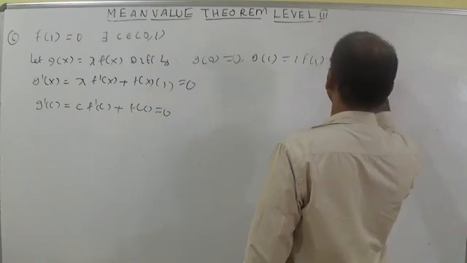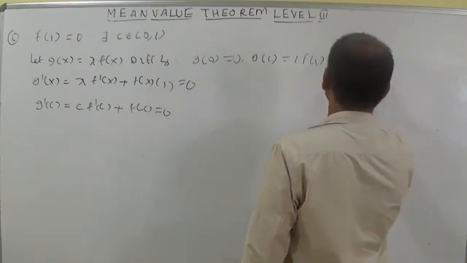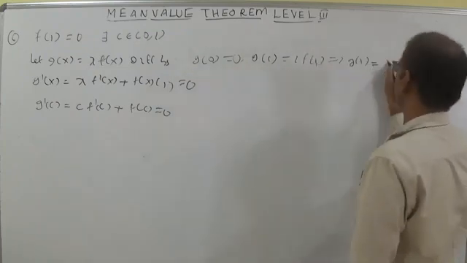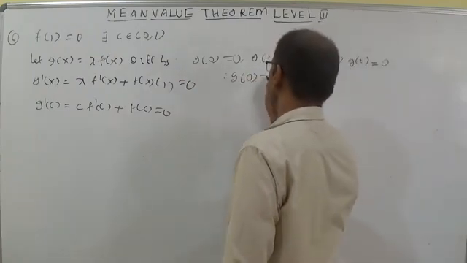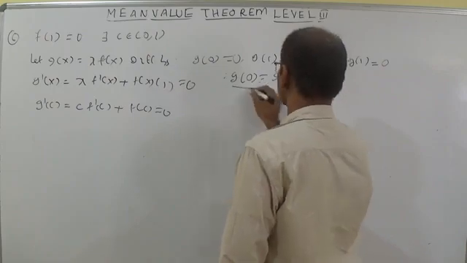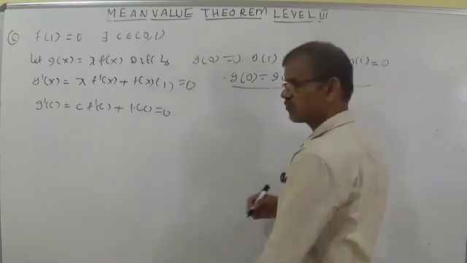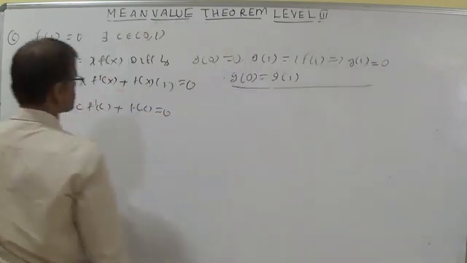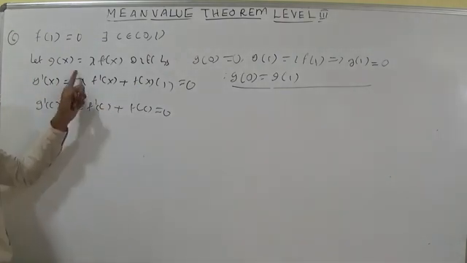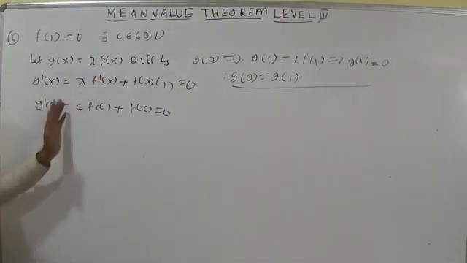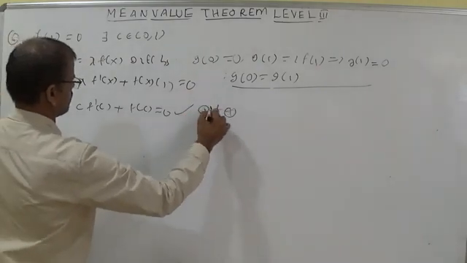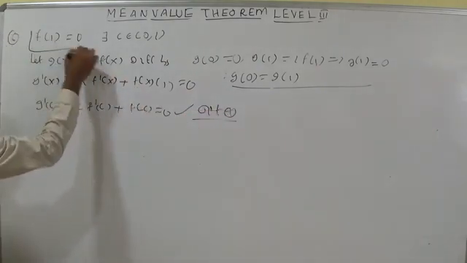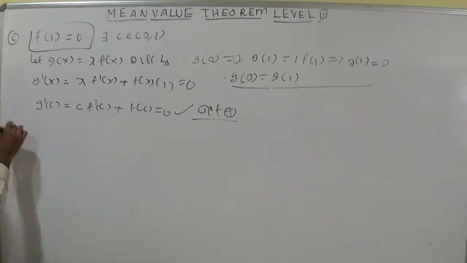The value of f of 1 is 0, so g of 0 is equal to g of 1. First you write this; later you can confirm that g of x is x into f of x, and then you can calculate the derivative. It is correct. Option 4, according to given f of 1 equals 0.